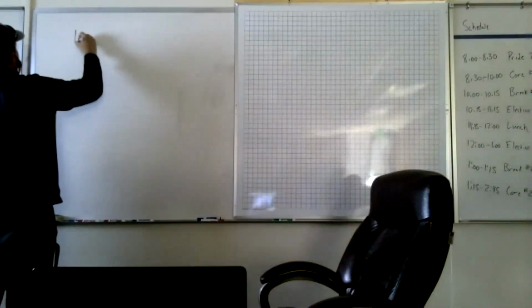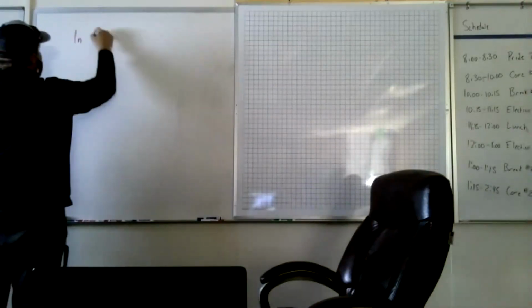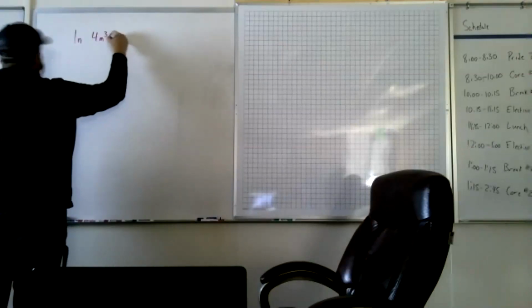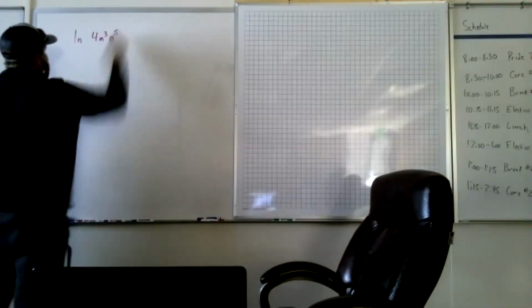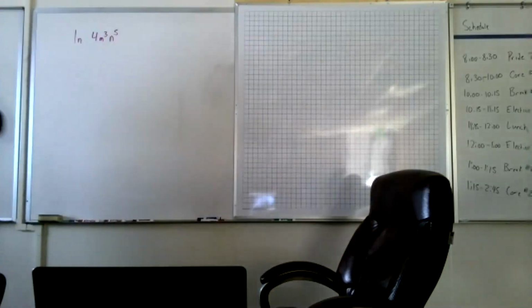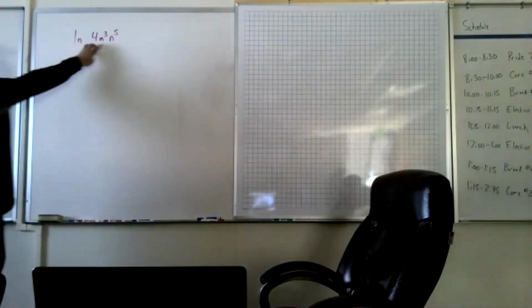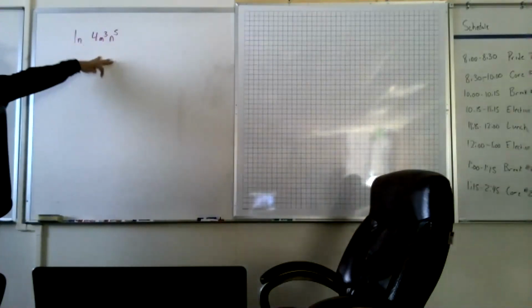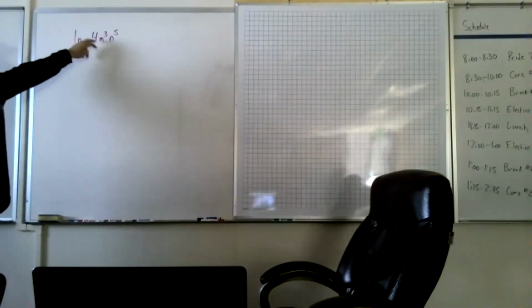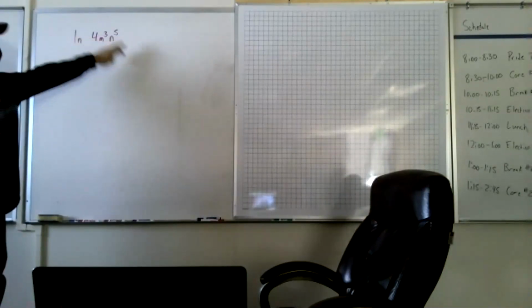So I have a natural log of 4 m cubed n to the 5th. The first thing you have to realize is that these are all multiplied together. It's the natural log of 4 times m cubed times n to the 5th.